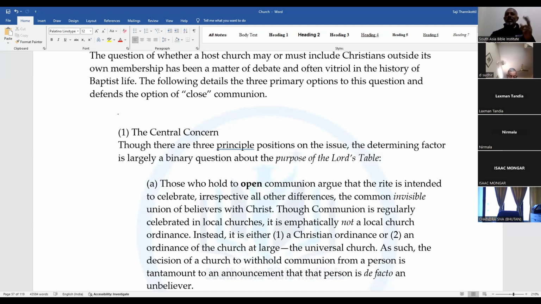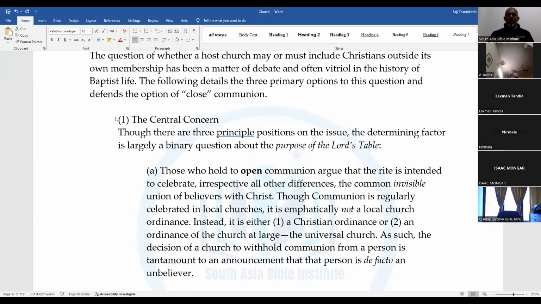So there is simply a letter difference we are talking about here. Closed communion and close communion. So we are going to look at the difference today between these ideas according to the Bible.